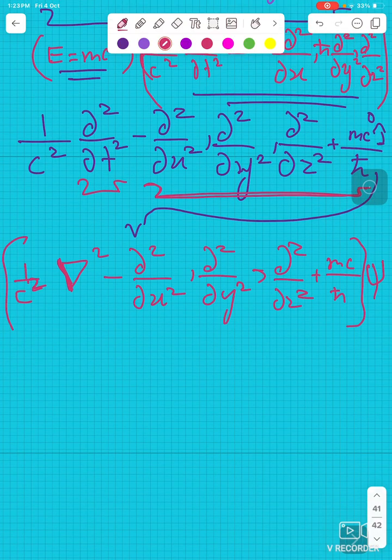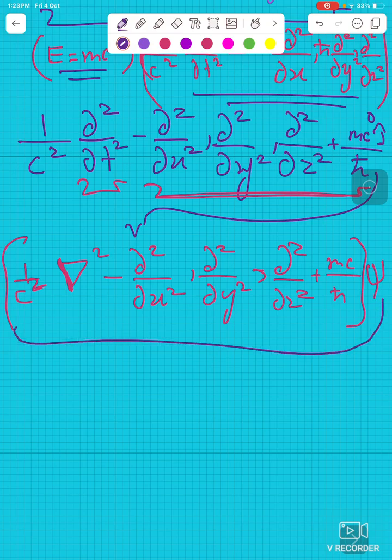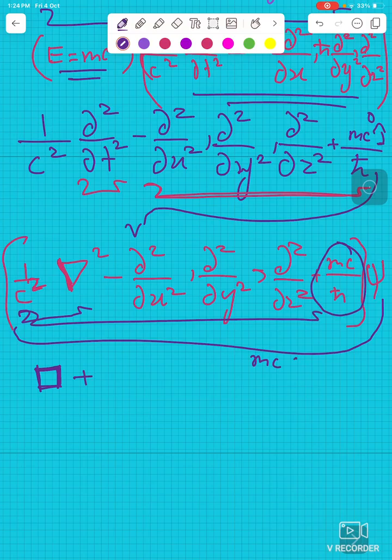And then simplifying this whole thing, this can be written as this, plus this is written as mc over h bar, which we call this square, psi, equal to 0.